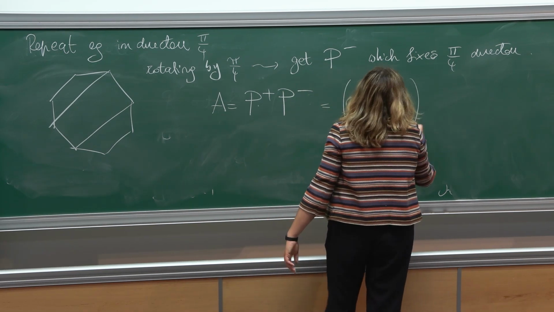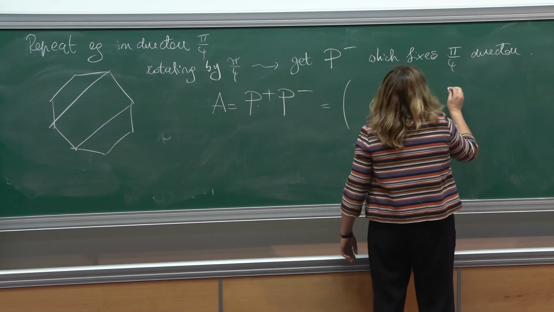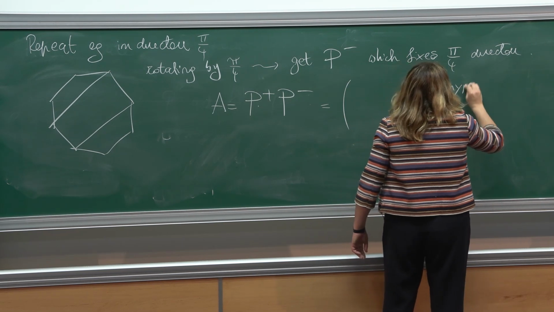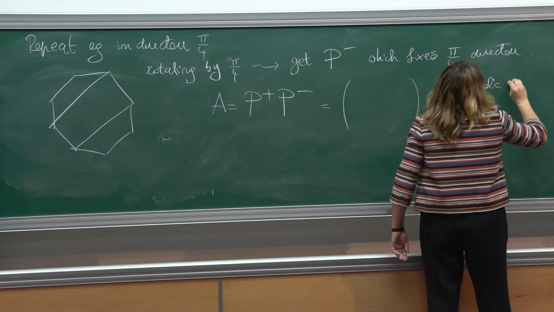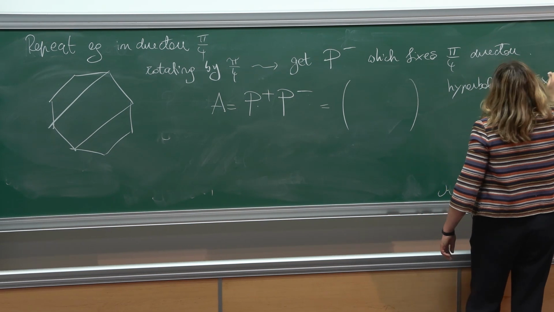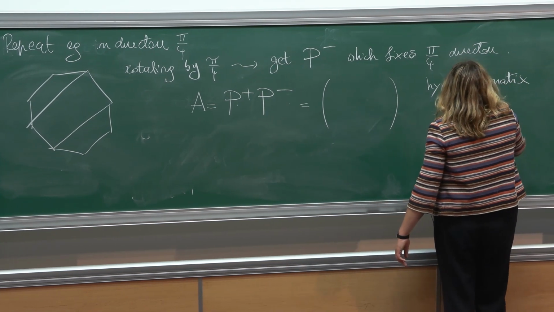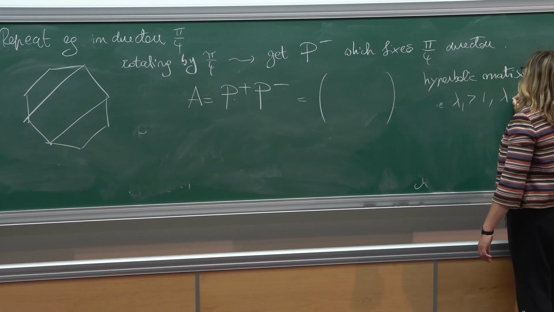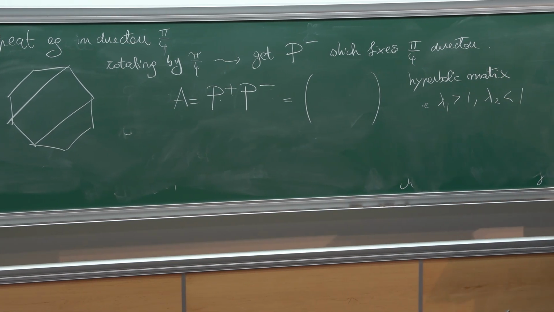Okay, you get some matrix, which is actually a hyperbolic matrix, which I mean, it has one eigenvalue greater than 1 and one eigenvalue less than 1. Okay?